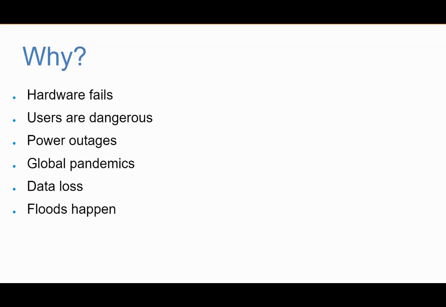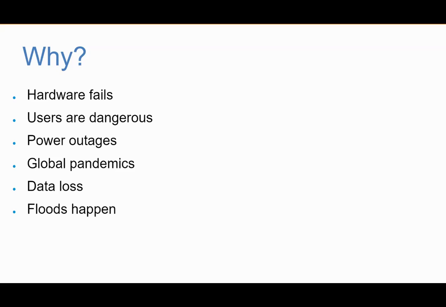Okay, so why do we have disaster recovery plans? Well, hardware fails. Storage devices fail, power supplies fail, etc. Full machines fail. Users are dangerous, so people that come into your organisation, your own employers or employees, can bring in USB pens with viruses on. They can click on links that send malware across a network, etc. You can have power outages, so that's quite common that a full building will be without power for X amount of time.